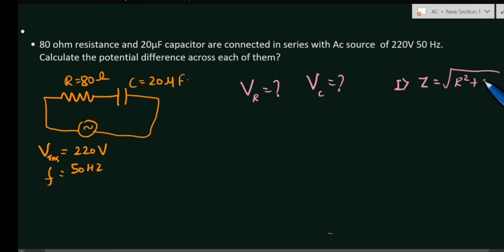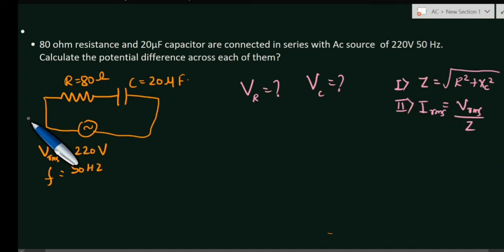Since L is not there, only XC square we can write. And next, after getting Z value, the second step is calculate the value of Irms. So Irms is equal to Vrms divided by Z. Vrms is given and Z value also found, and you can calculate value of Irms.